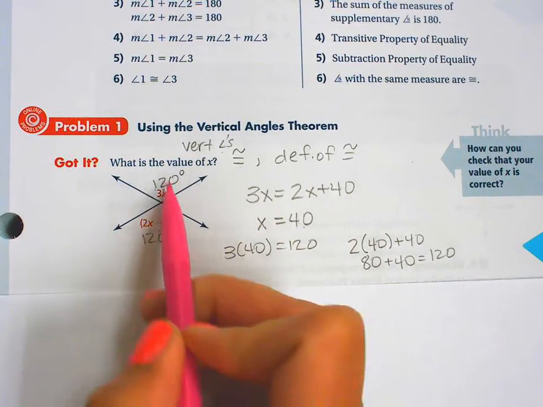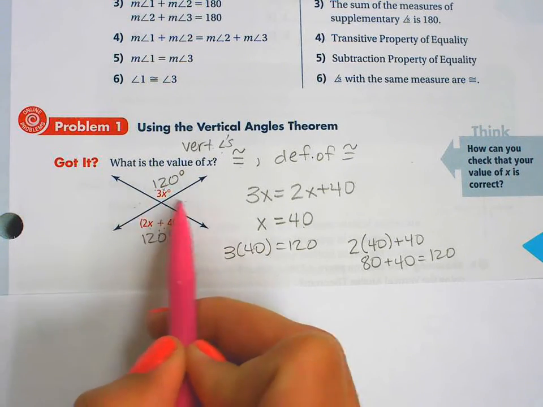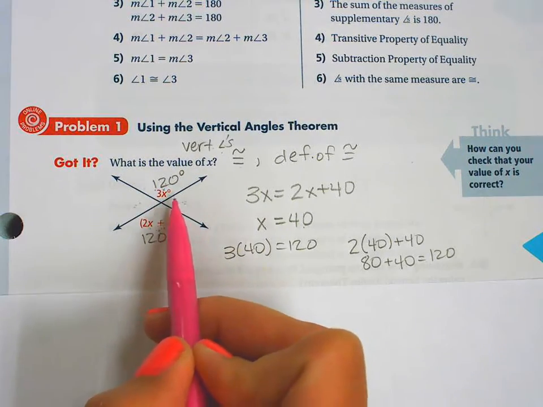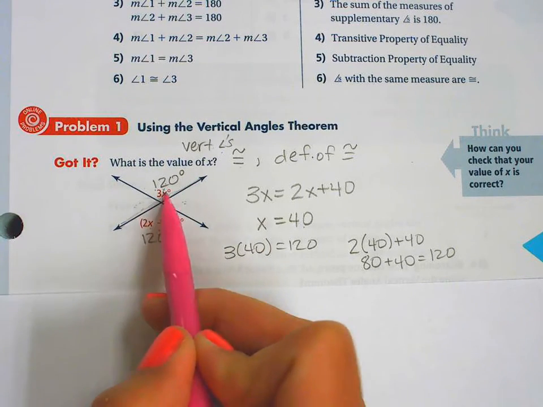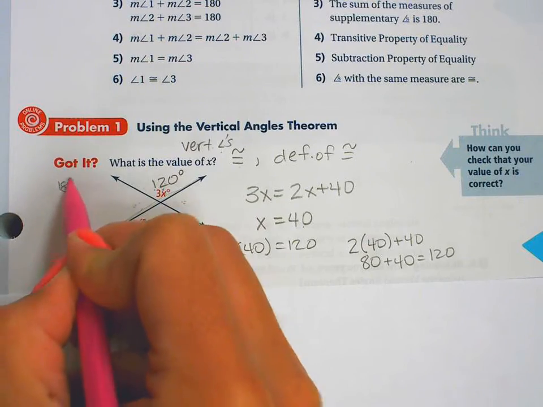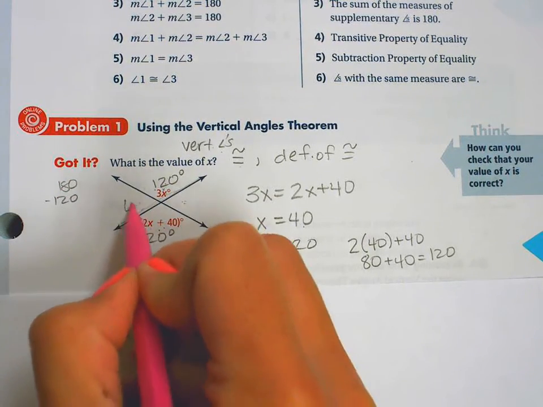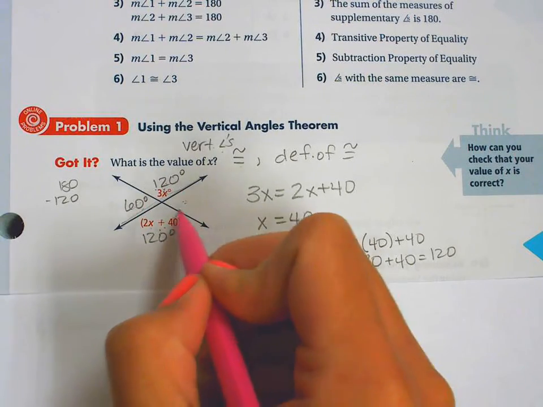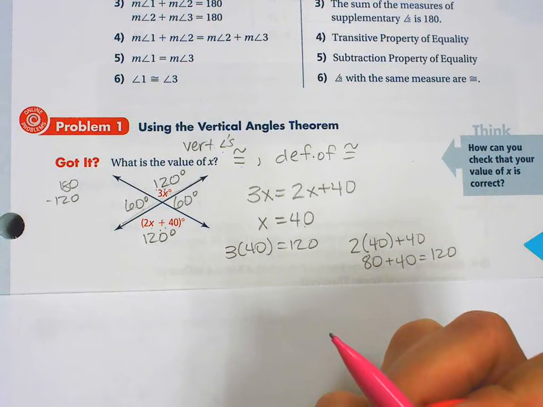Okay, so if I know that those two angles are 120, I can also find these angles, the other vertical angles. Remember that this is a line and that these two angles are supplementary. So I would just have to do 180 minus 120, and that would be 60 degrees. Same thing here, and plus it's a vertical angle, so that one's also 60 degrees.